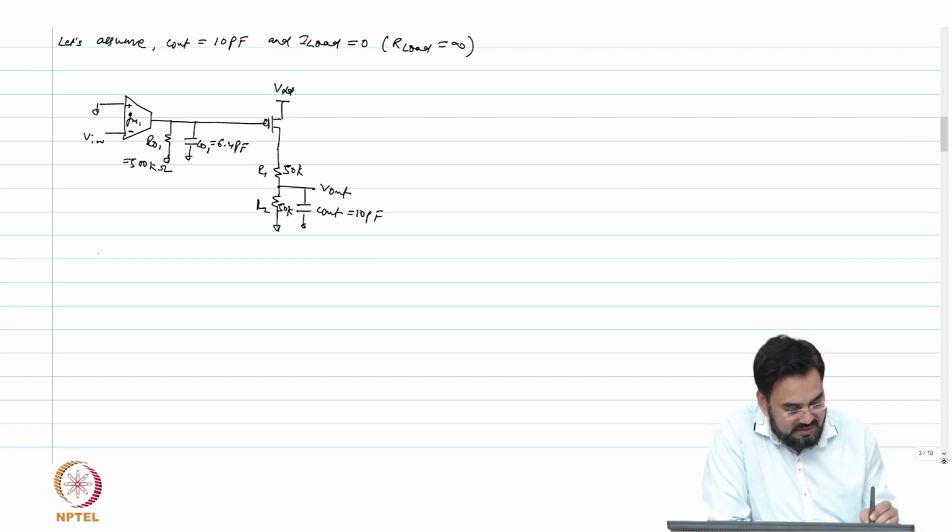So now what is omega P2? This was RO2 and CO2.